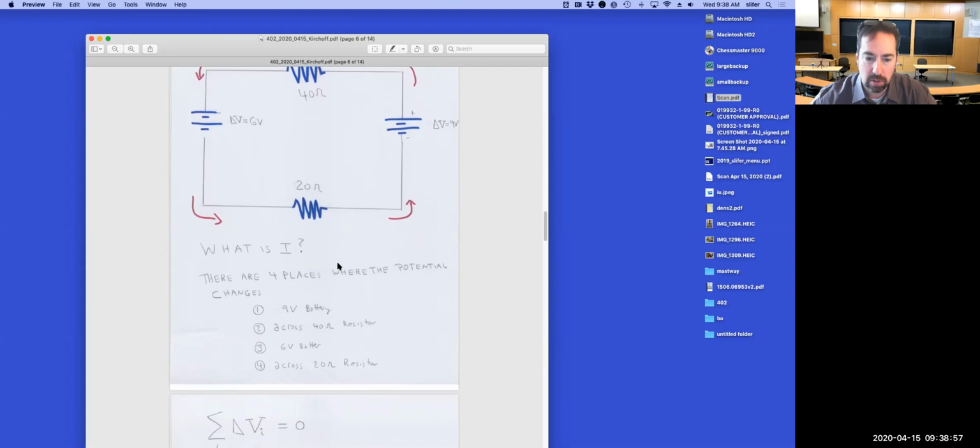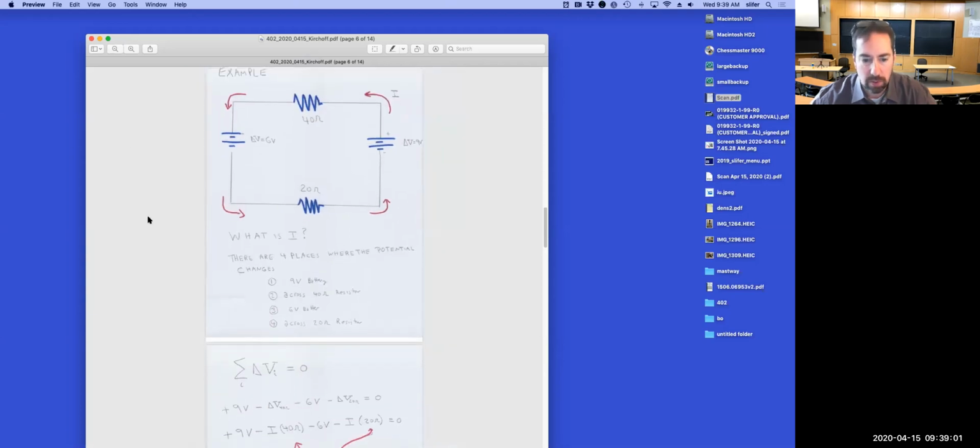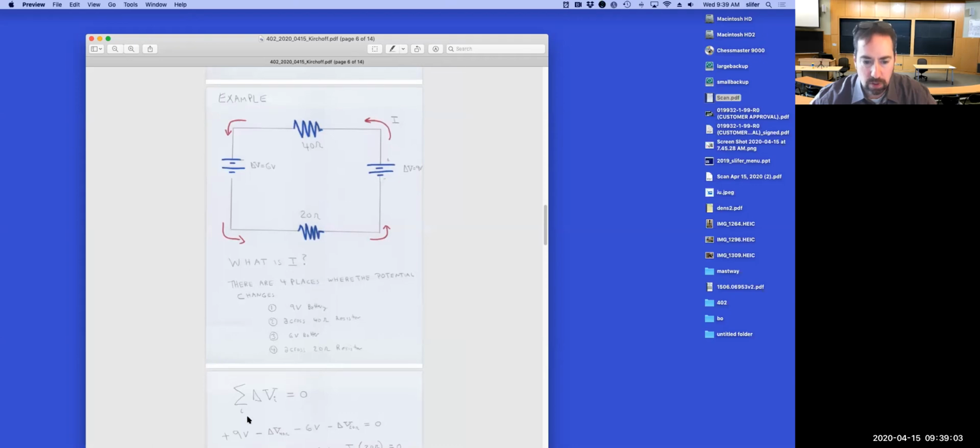So how do I deal with this mathematically? This is my loop law, and all I want to do now is start plugging these in with care as to whether they're positive or negative. So this one, I'm going in the direction of current flow. If you go back 2 pages in my notes, it has the rule for this, and that's the normal direction of current flow. So I'm going to call that plus 9 volts.